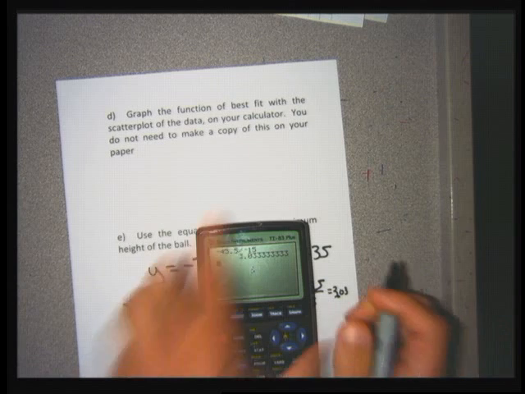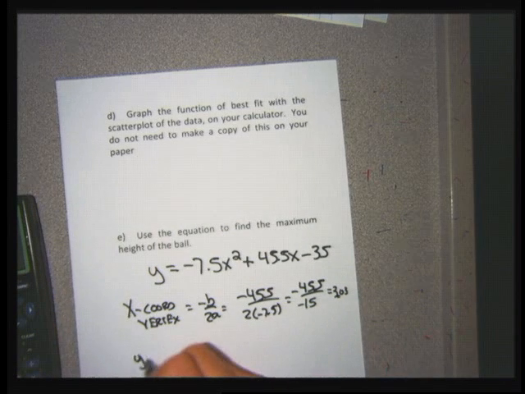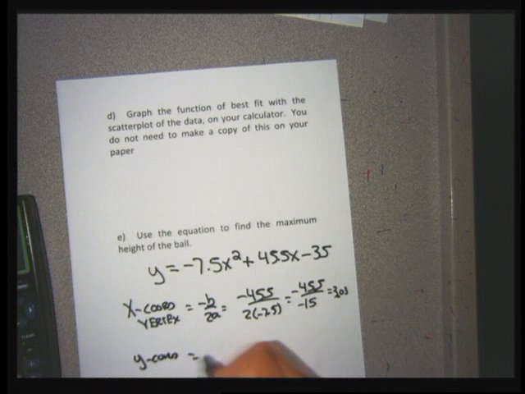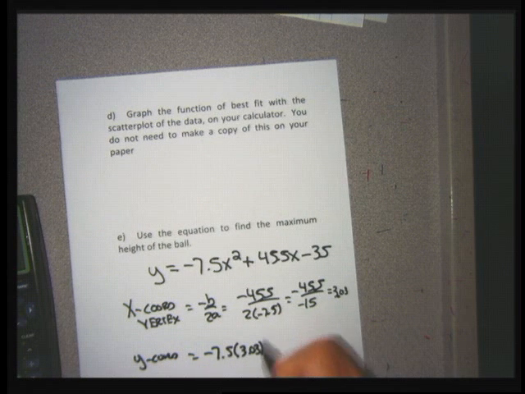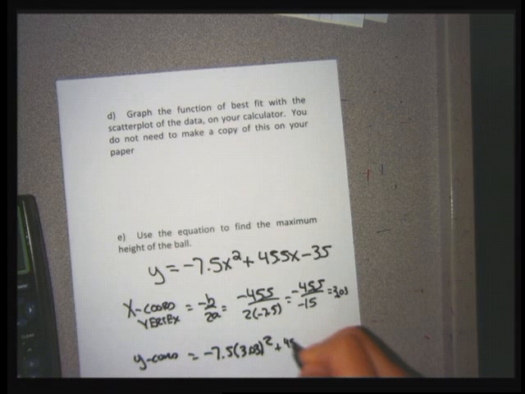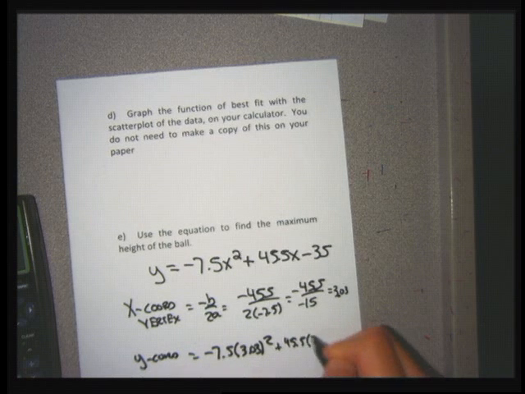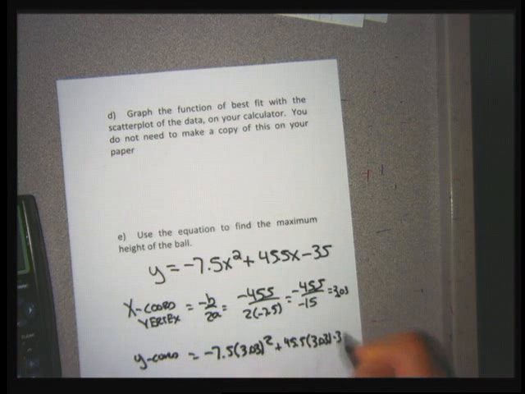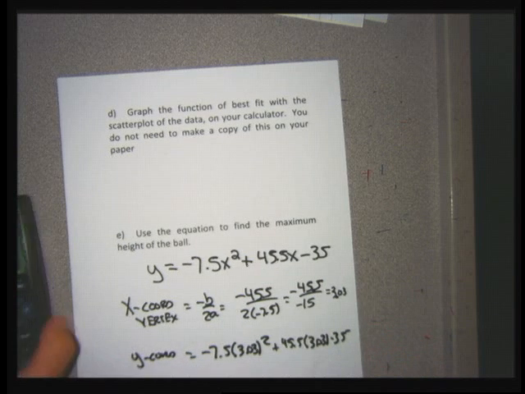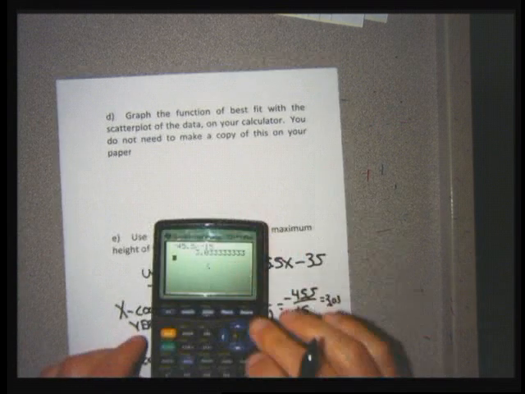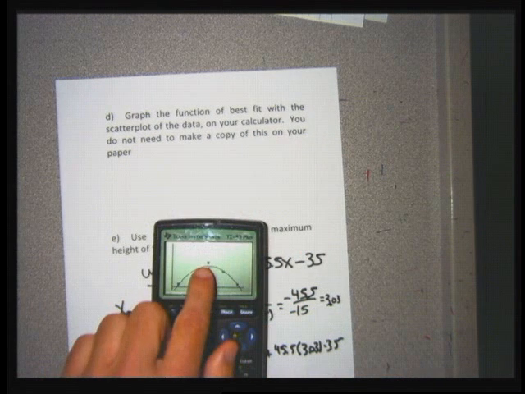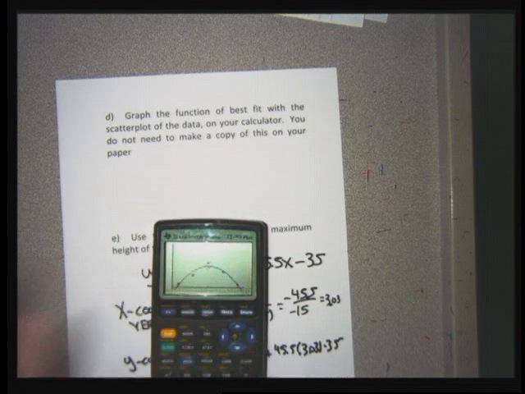And then for the y-coordinate of the vertex, I'm going to go negative 7.5 times 3.03 squared plus 45.5 times 3.03 minus 35. And that's going to give me my prediction, which isn't going to be perfect because I can tell the function itself doesn't go as high as the baseball goes, but it is what it is.